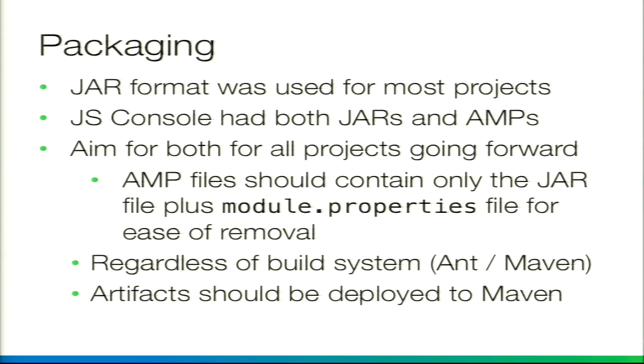So we have used jars in the past. Some projects have started using amps. What we're trying to do now is to bring that together and say all projects, every new release is going to generate an amp and it's going to generate a jar. Some people like one, some people like the other. I'm also trying to get some consistency there so that the amp file actually just contains the jar file. So the AMP is just a wrapper for that jar file.